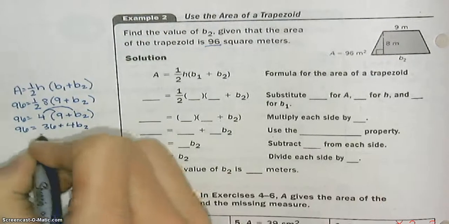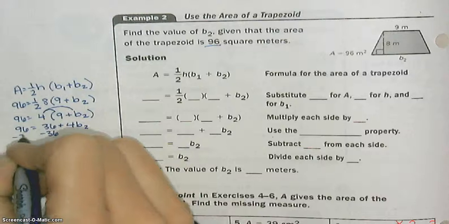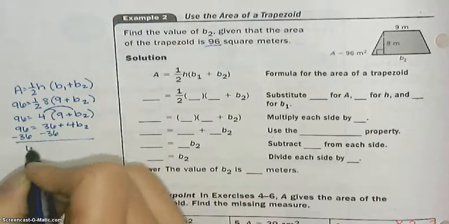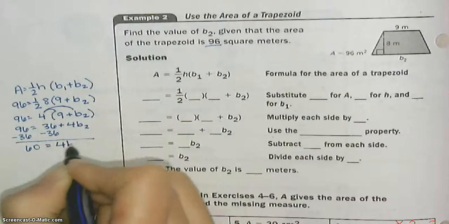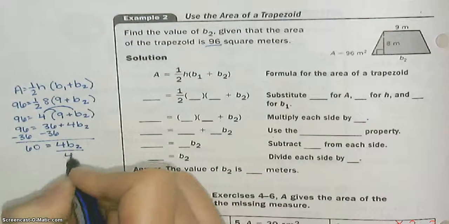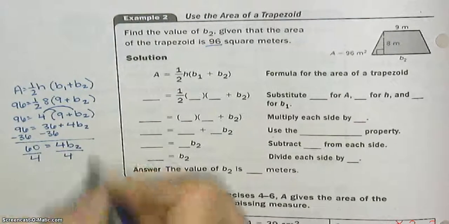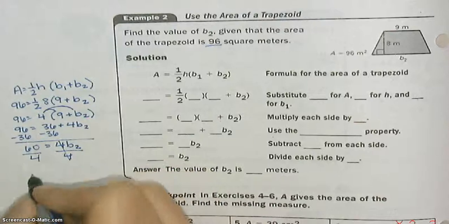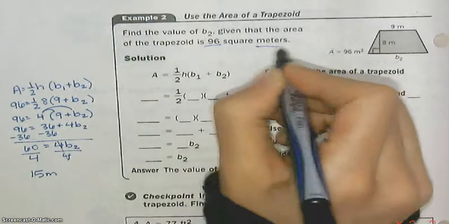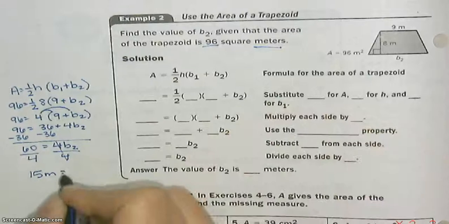All right, subtract 36 from both sides. I'm left with 60 equals 4 base 2. Then I'm going to divide by 4. It's going to cancel there. 15. My units are just going to be meters, not square meters, because I'm just talking about the base.